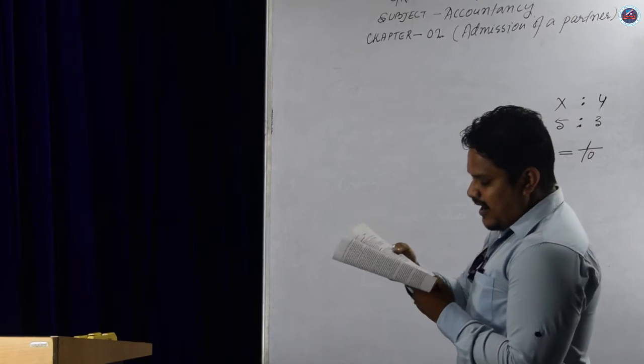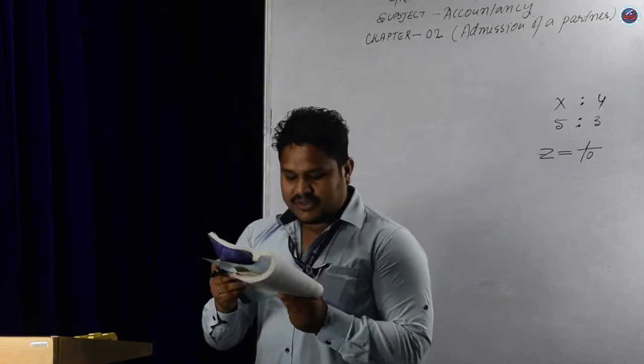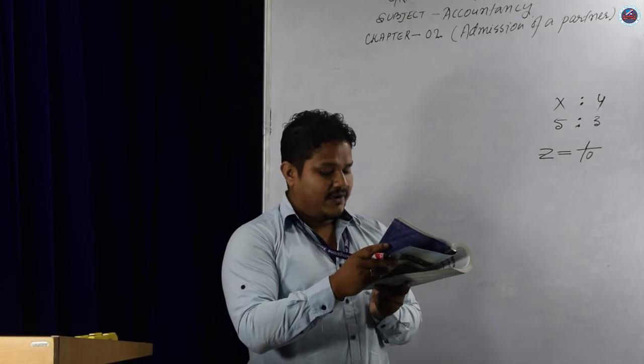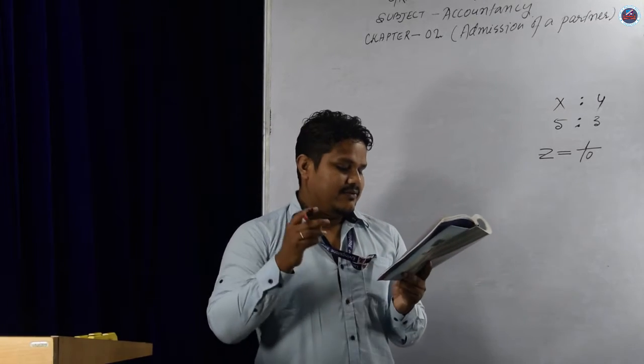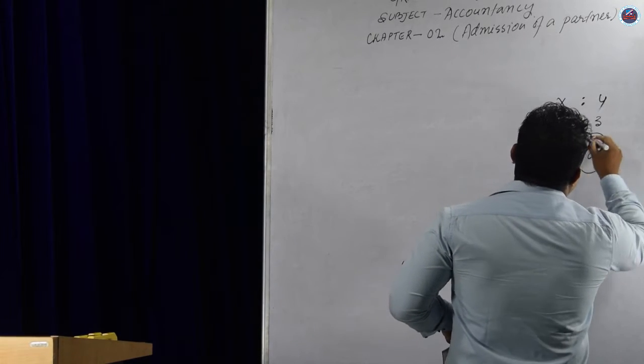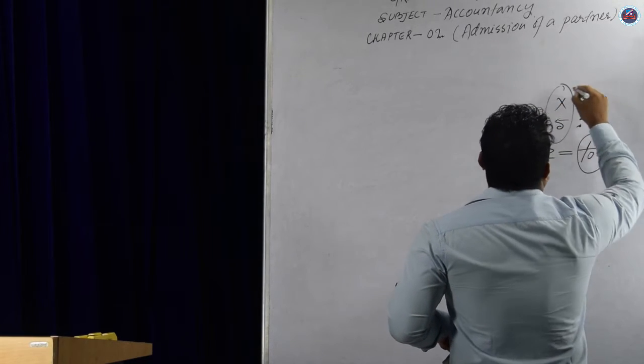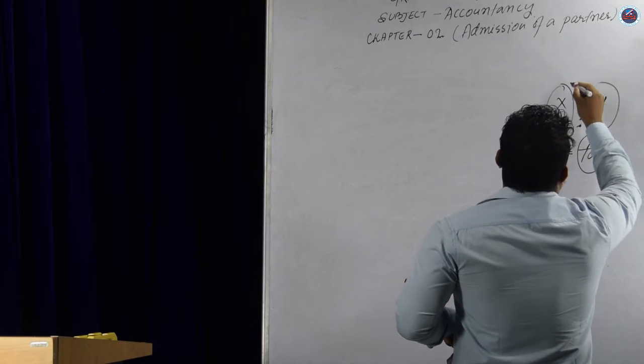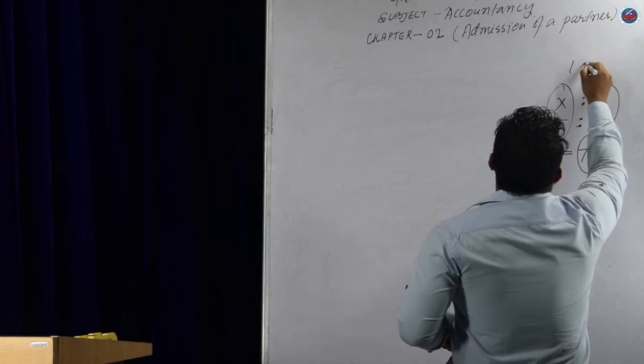This 1 by 10 share is acquired equally from X and Y, that means 1 is to 1.